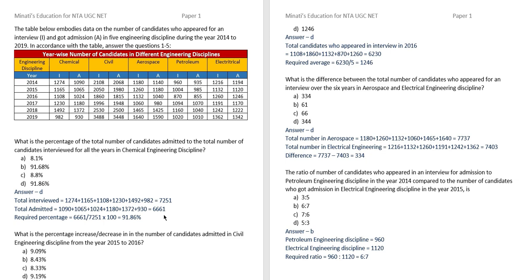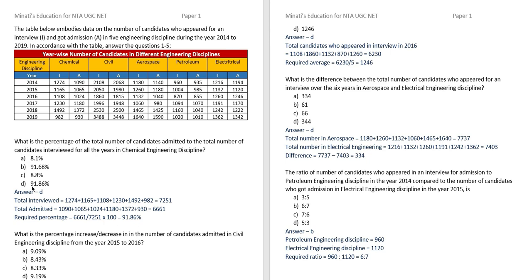So what is the required percentage? They are asking for the candidates admitted to the total number of candidates interviewed. So admitted 6661 divided by interviewed 7251, and any percentage is always multiplied by 100. We get the figure 91.86%.